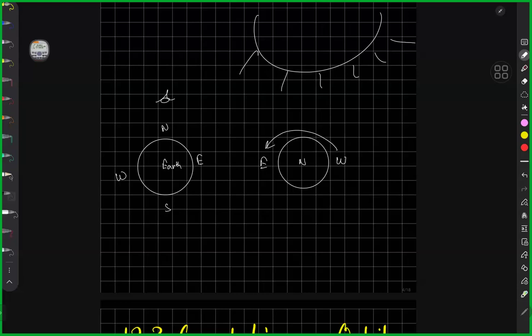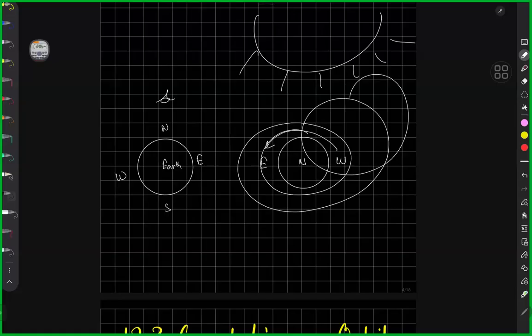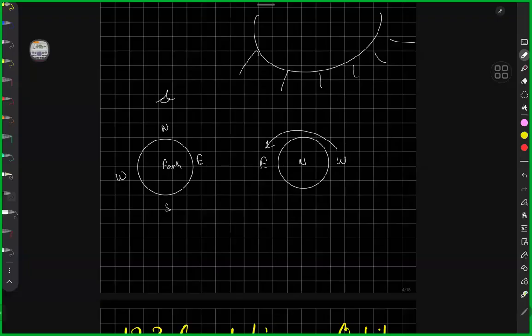This is what it means. So it turns as it spins, goes like that. Okay. So it spins, and as it spins, it goes west to east. Are you getting the point? So the western side of the Earth turns towards the eastern side of Earth.